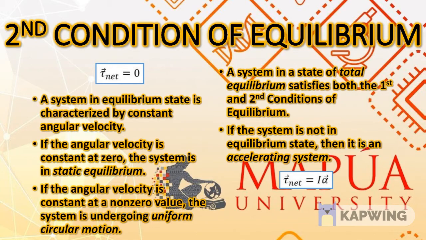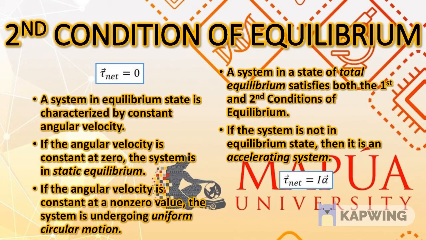The net torque is equal to I alpha. So depending on the state of the system, the net torque is either zero, the system is in equilibrium state, and if the system is accelerating, net torque is equal to I alpha.